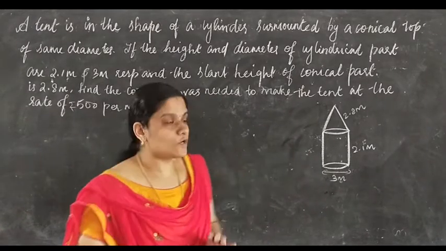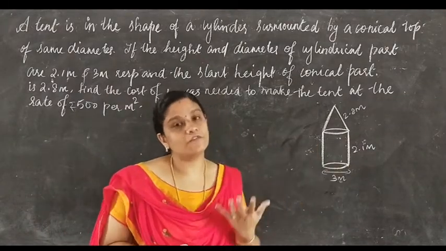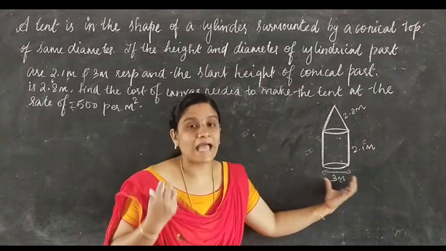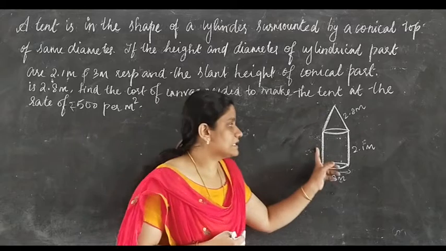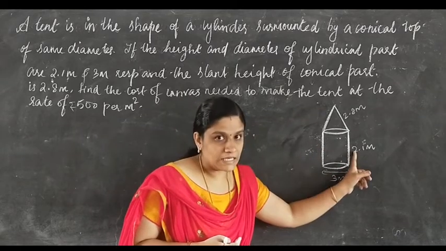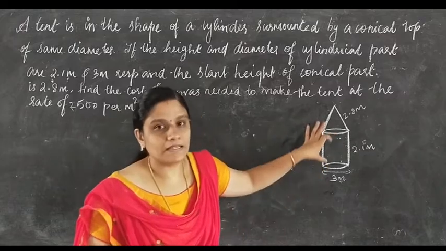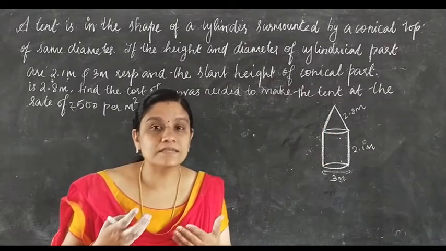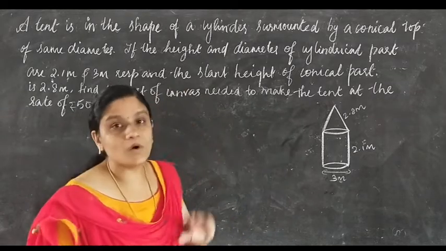So first of all we have to find how much canvas is needed, children. For that we know that it is CSA of cylinder plus CSA of cone. So if we find that, we'll understand how much canvas is needed. Then after that we will find the cost of that.